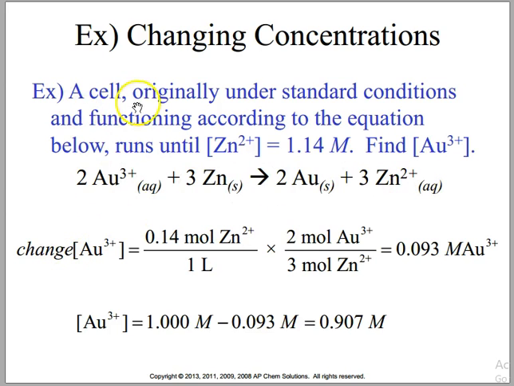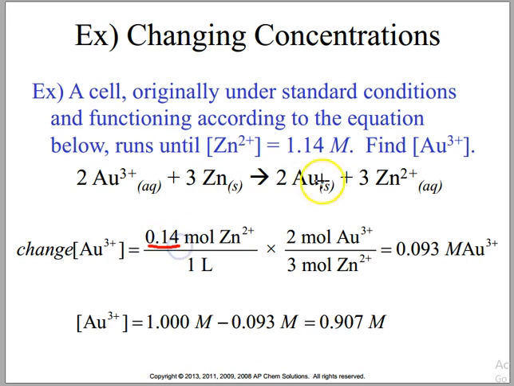So if we were asked to find the gold ion concentration, if we have a concentration of zinc ion that is above the standard conditions, well, we can relate that amount at which it is above the standard conditions.